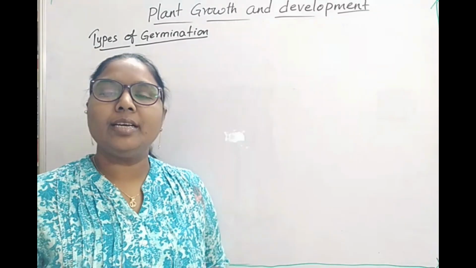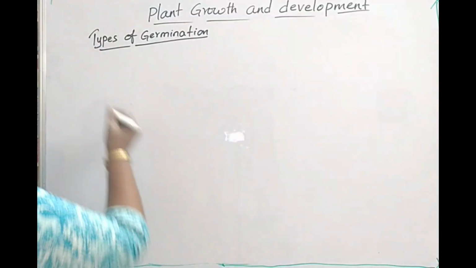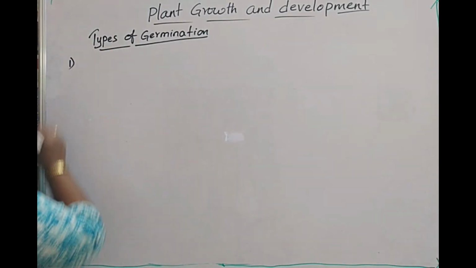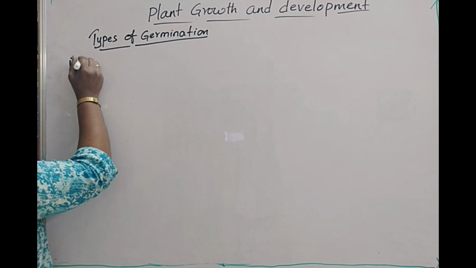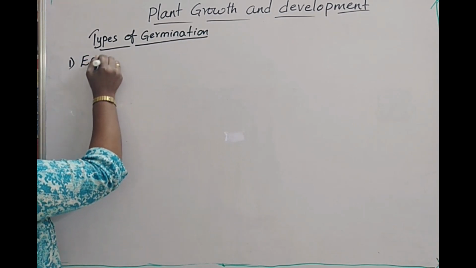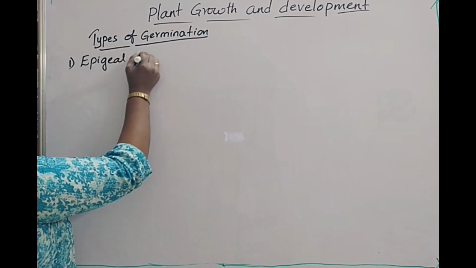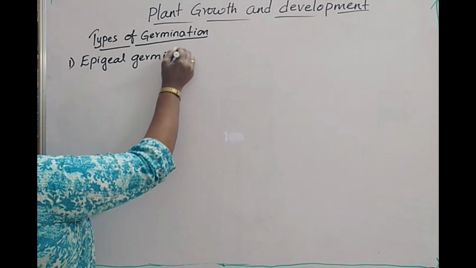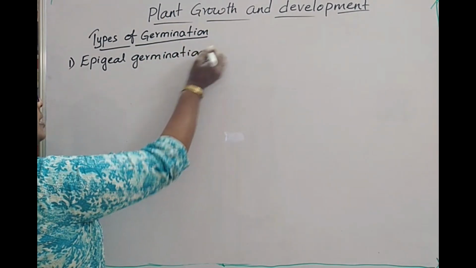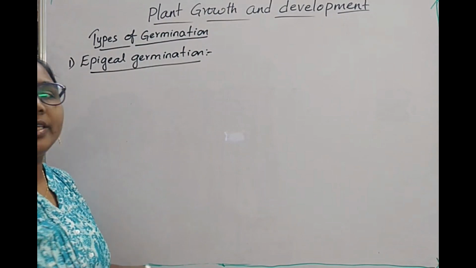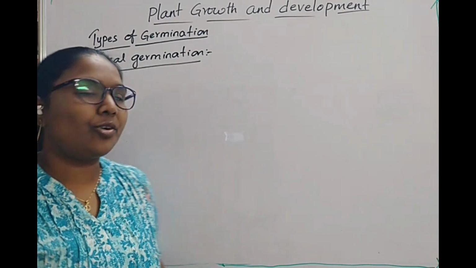Next, we will see about types of germination. So, what are the types of germination? First one is epigeal germination. Epigeal type of germination is seen in case of dicots.